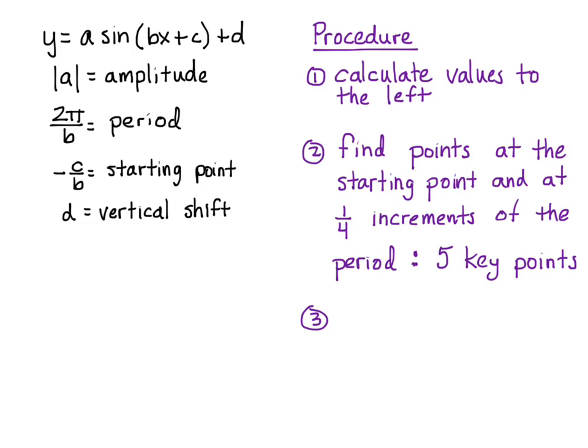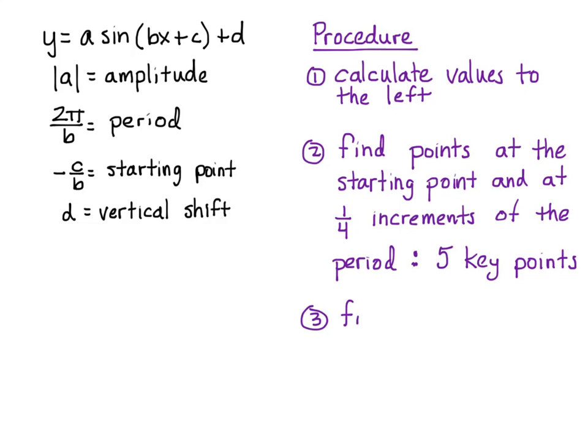So in other words, from my starting point, I want to add only 1/4 of the period to get to this first point, another 4th here, another 4th here, and then another 4th here. So ultimately I'm adding the period to the starting point to get to where I'm going to end that one cycle.